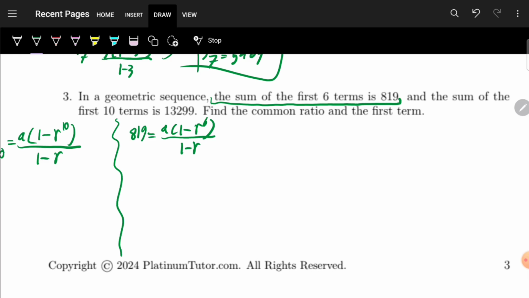Okay, and the second equation I will write is about this. Sum of the first 10 terms is 13,299.